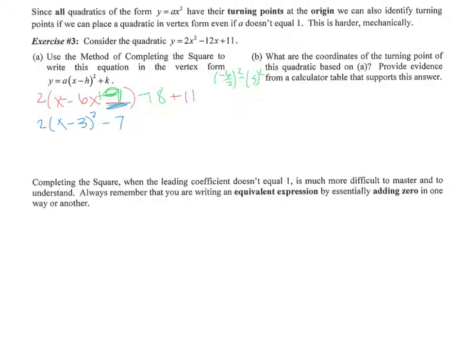So what is my turning point going to become? Well, my turning point is still going to be my h, which is 3, and my k, which is -7. The 2 just means it'll be a skinnier graph. Kind of confusing, but we'll get there eventually. So obviously (3, -7) is your answer.